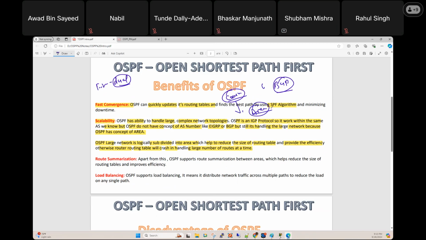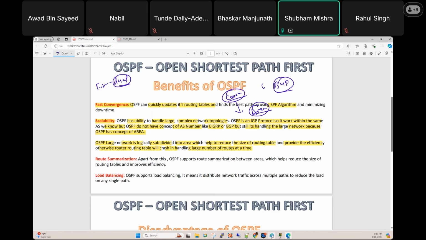If anyone wants to tell me something. OSPF has one concept, that is area.